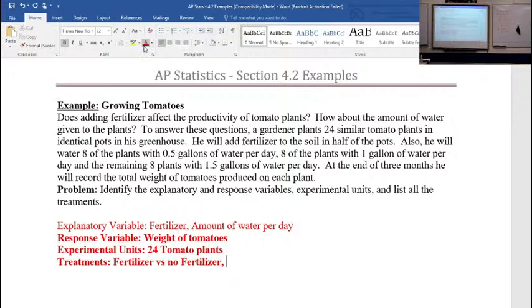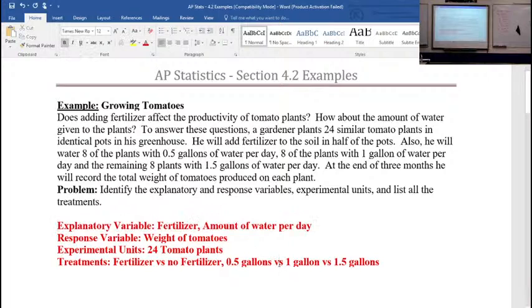And then we have 0.5 gallons versus 1 gallon versus 1.5 gallons. So those are my different treatments.